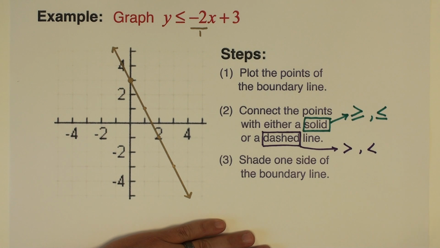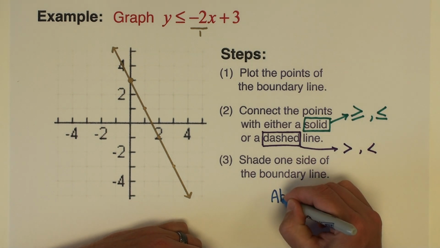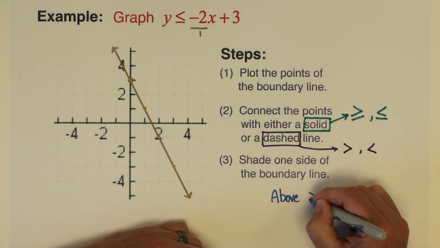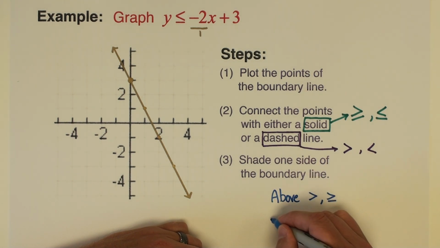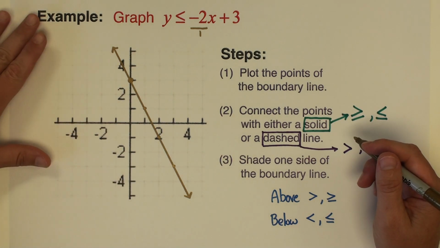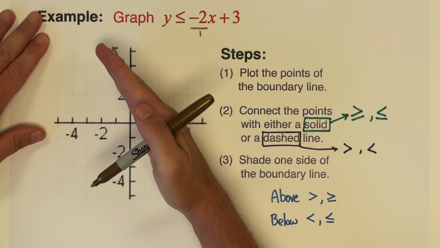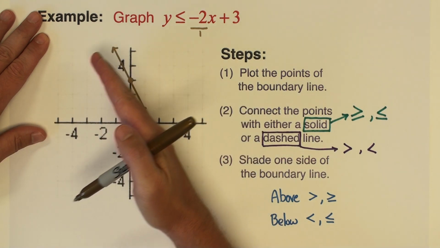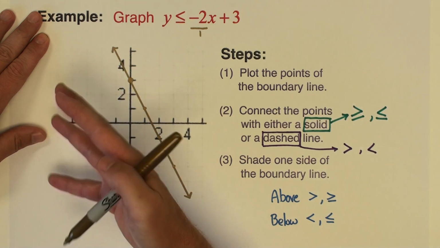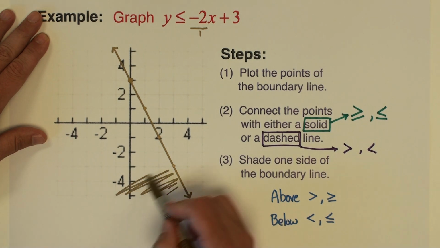We are going to shade above the line if we see a greater than or greater than or equal to, and we're going to shade below the line for a less than or equal to. So back to this line, we have less than or equal to. Less than is going to imply everything beneath the line, or to the left if we're thinking like on a number line. So all I'm going to do now is take my pencil and shade this graph in.